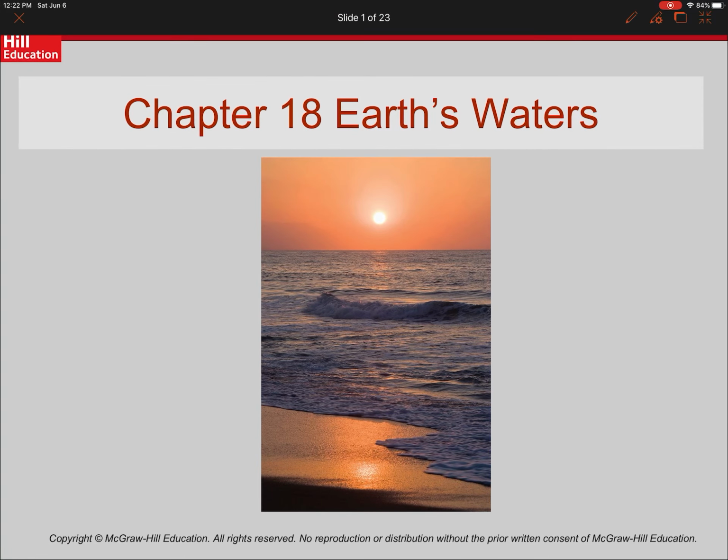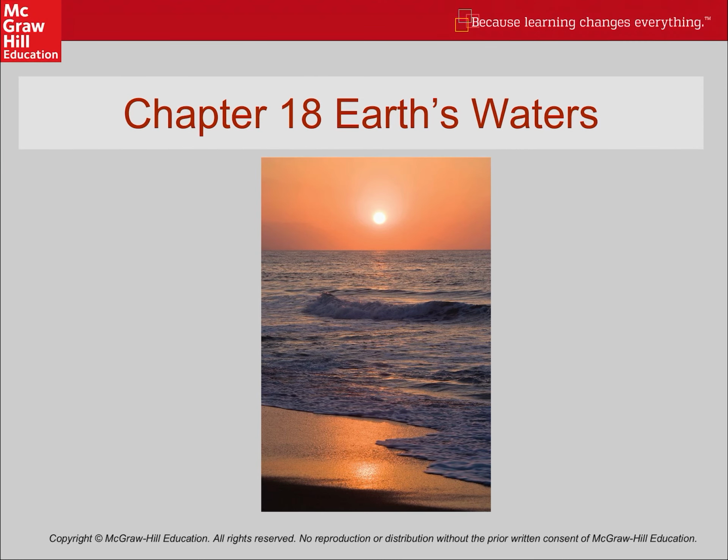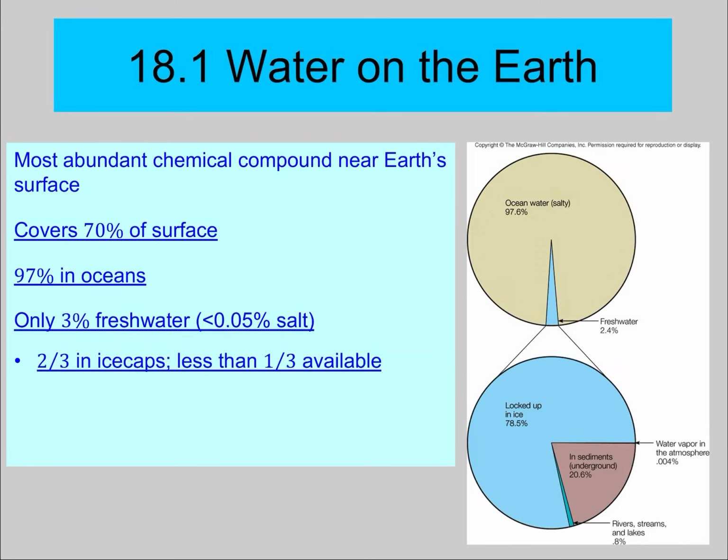Okay, chapter 18, we're going to move from talking about Earth's surface to Earth's waters. So water on Earth, it's obviously important. It's a recurring theme we keep talking about, but water is the most abundant chemical compound near Earth's surface, covering approximately 70% of the surface, with 97% of it being in the oceans and being saltwater, and leaving us with only about 3% fresh water, meaning it still has some salt, but it's less than 0.05%, which is a small amount.